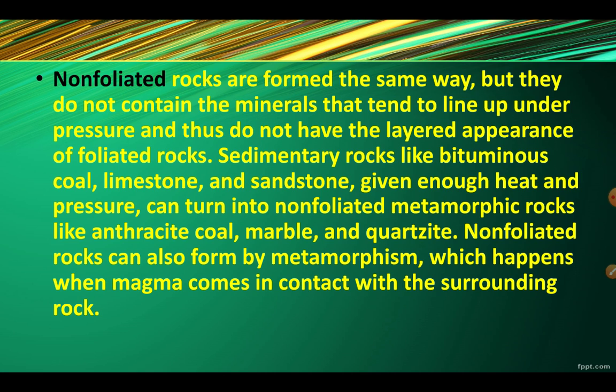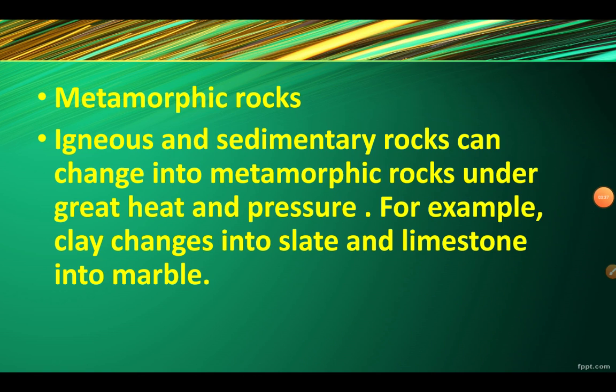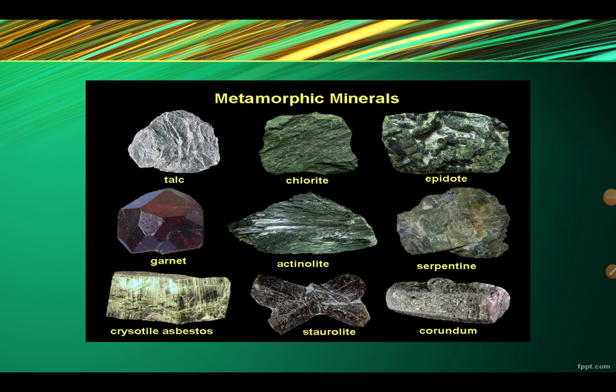So that is called metamorphism. Here I am going to show you some examples of metamorphic minerals: talc, chlorite, epidote, garnet, actinolite, serpentine, staurolite, and these are some examples of metamorphic minerals.